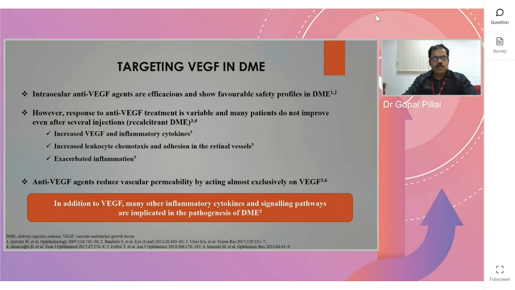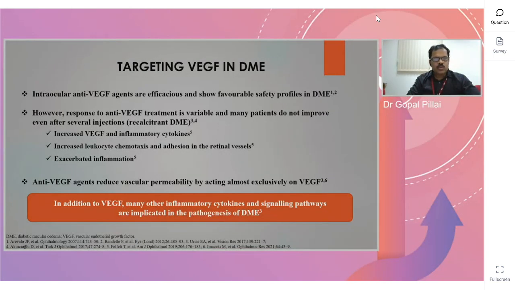However, response to anti-VEGF treatment is variable, and many patients do not improve even after several injections. They are called recalcitrant diabetic macular edema, and several factors, including increased VEGF and inflammatory cytokines, increased leukocyte chemotaxis and adhesion to the retinal vessels, and exaggerated inflammation, are often said to be the causes.